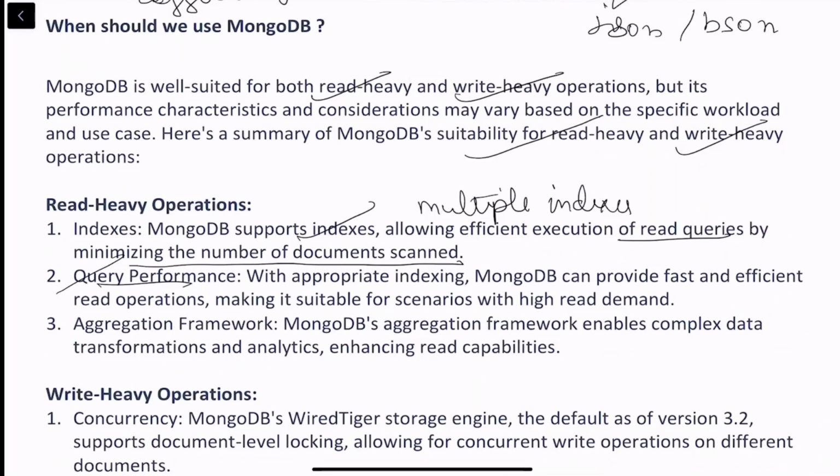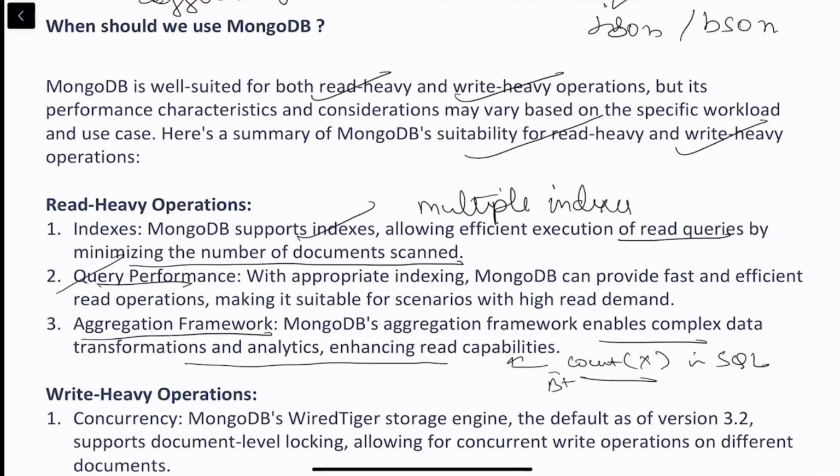The aggregation framework in the MongoDB world enables complex data transformations and analytics, and it will hence increase the read capabilities. The aggregation is similar to count star in the SQL world. This works well because we now have a B+ tree, and if you remember in the chunk world we always have the lower and the upper bound, so you can consider this a segment tree.